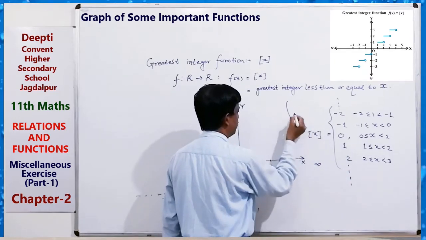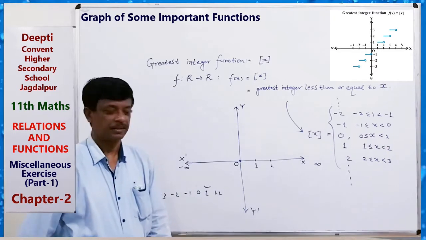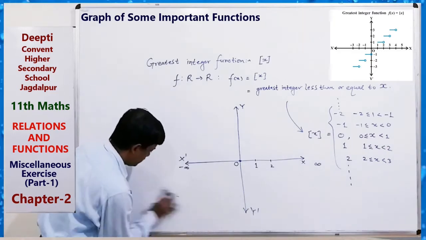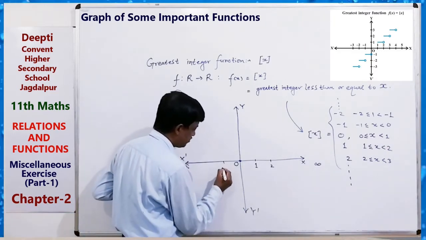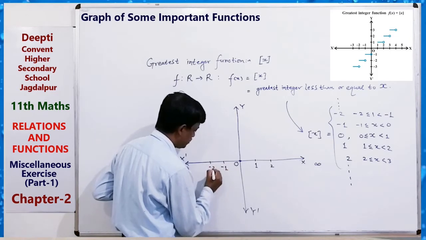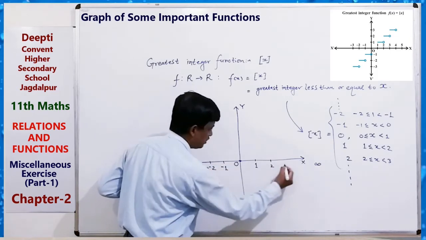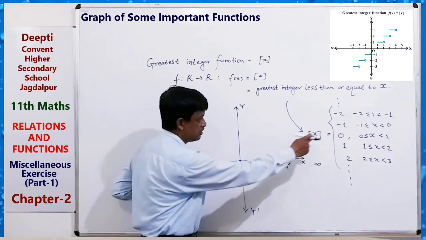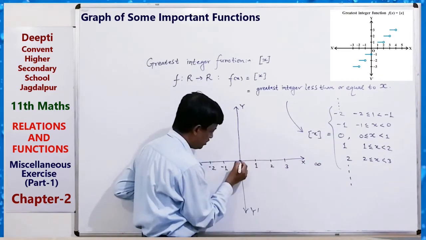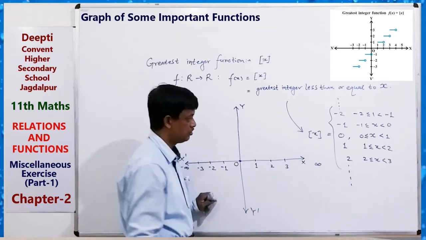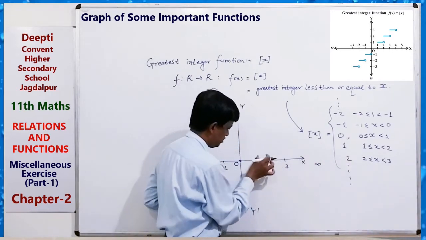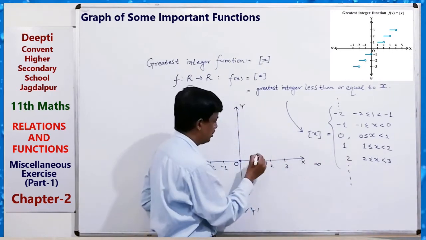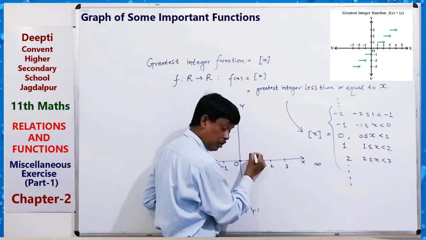So the graph will be like this: -1, -2, -3, 3. Here the value of the function is 0 in this interval. In this interval it is 1, including 1.